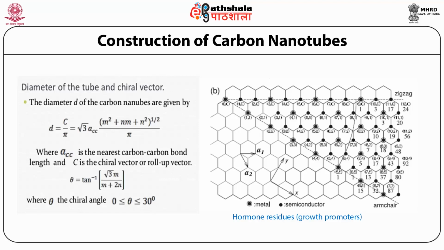If I want to denote each and every carbon point by a vector, then this Ch vector, if I put it like 5 n1 and 0 m2, I can put the numerical value (5,0) and denote one particular carbon atom.